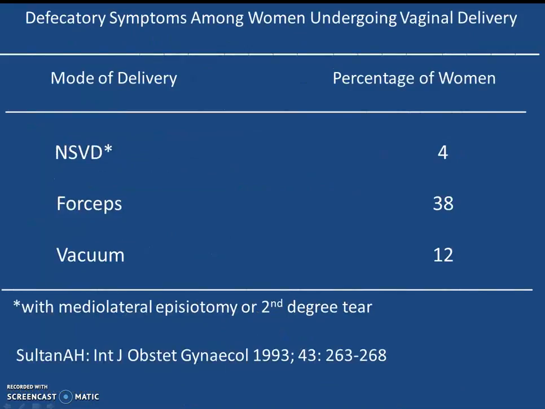When you look at women who just complain of symptomatology and may not have this degree of, shall we say, injury, many still will complain of defecatory symptoms. And this is from a study where they interviewed women during the first year after a delivery and did, in fact, show that forceps delivery as well as vacuum deliveries were associated with increased risk of complaints of defecatory symptomatology.